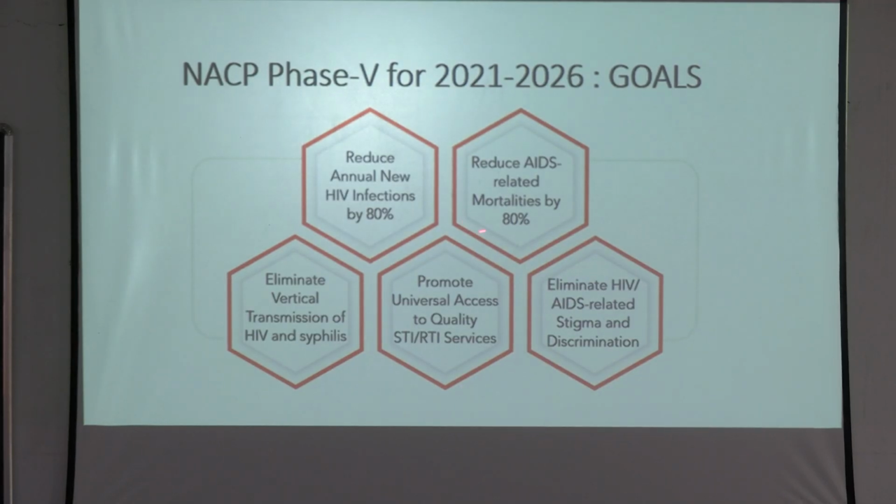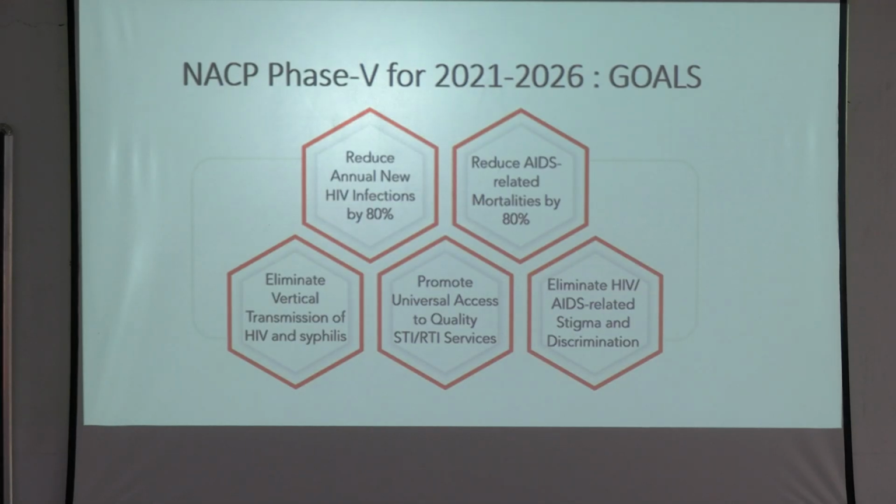Also reduce AIDS related mortalities by 80%. Total elimination of vertical transmission of HIV and syphilis. Promote universal access to quality STI and RTI services, and elimination of HIV AIDS related stigma and discrimination.